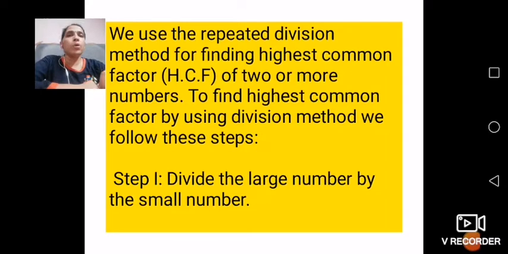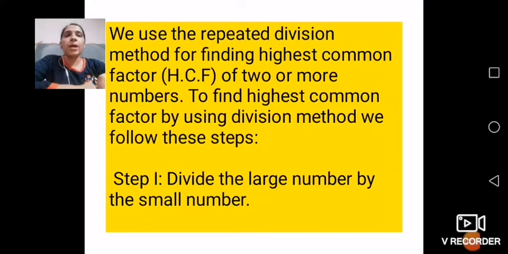The other name of HCF, as I have told you yesterday, is GCD, greatest common divisor. We use the repeated division method for finding the HCF of 2 or more numbers.